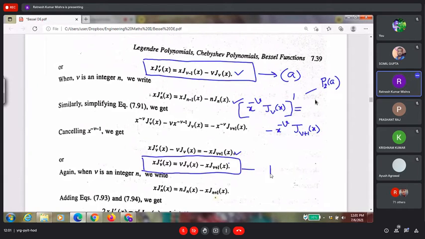This is the recurrence relation. क्या नंबरिंग है?